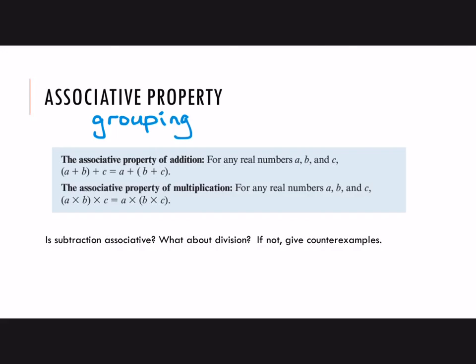All right, so this one says if I have 3 plus 4 plus 2, and if I add the 3 plus the 4 first and then the 2, that's the same as if I add the 4 plus the 2 first and then add the 3. Same thing for multiplication. We could do another example that's not whole numbers.